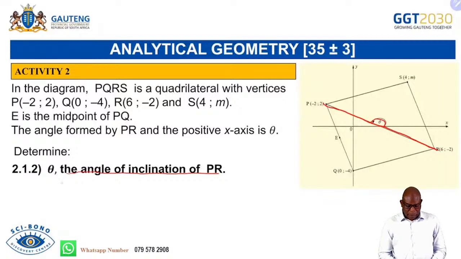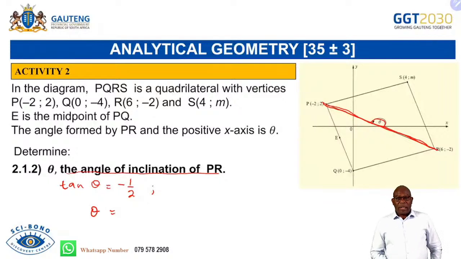First things first. Remember the formula? It's tan of theta equals the gradient. The gradient that we're looking for is the gradient of PR, of which we have already got in the first question. So the gradient of PR is negative 1 over 2. Now first I must get the angle. First of all, I take my calculator and then I press shift or second function, then I press tan, then you put in 1 over 2.